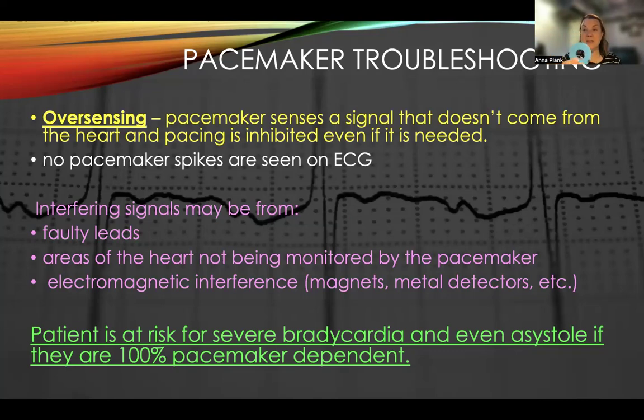If there is something in the area, magnet, metal detector, roller coaster, microwave oven, whatever it could be, right? I'm not saying your microwave is going to set it off, but anything like that could compromise it and you could have a risk for sudden death, bradycardia, all sorts of arrhythmias, because if they're 100% dependent on that and that pacemaker's not working, we could have a problem, right?